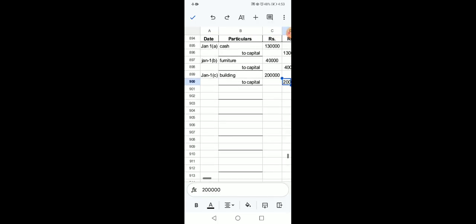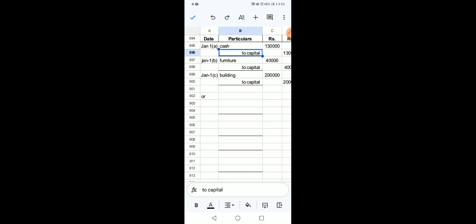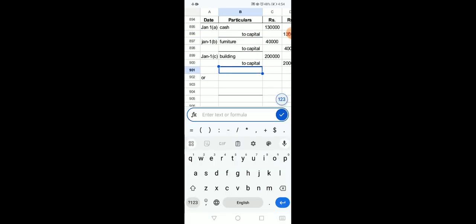January 1 had three amounts, all were capital, invested by the proprietor of the business. Here I would like to show you what you will do if you want to make a combined entry. As you can see, capital is common for all three entries. So here you will write what is coming into the business.